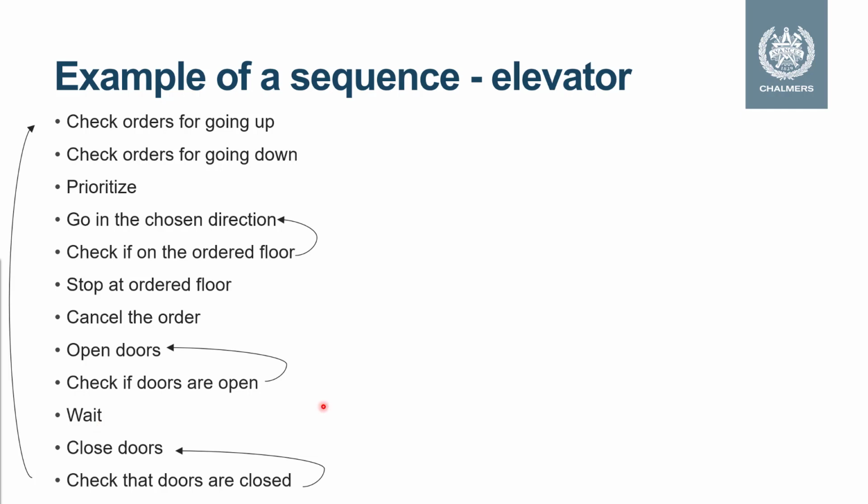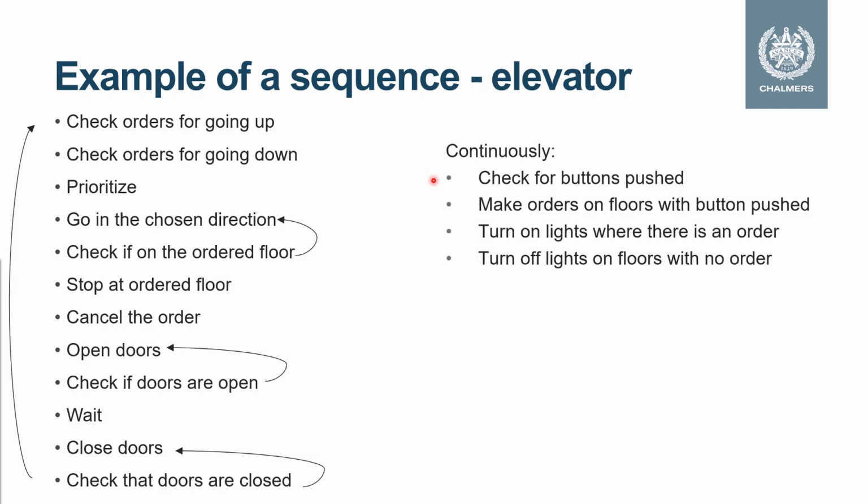For the program to work, the sequence needs to be working together with another program, which is checking for buttons pushed, and then makes the orders, turns on lights, turns off lights. That part of the code needs to be run continuously, regardless of where we are in this sequence.